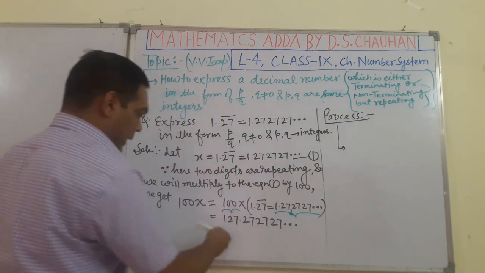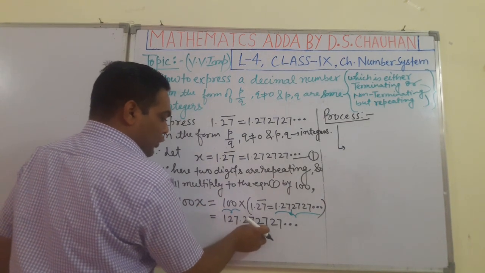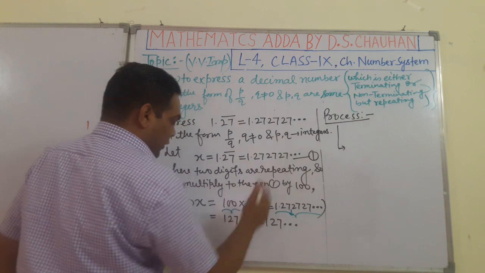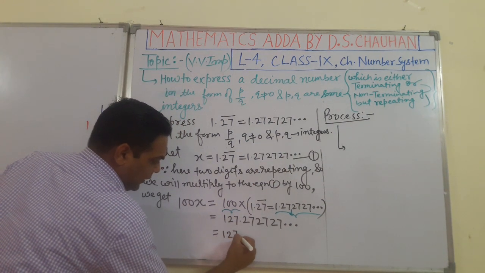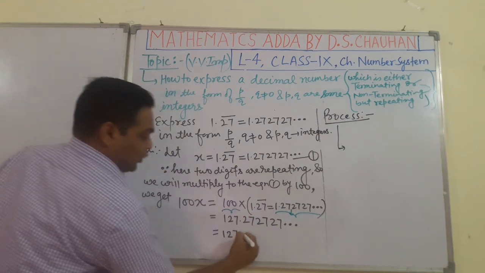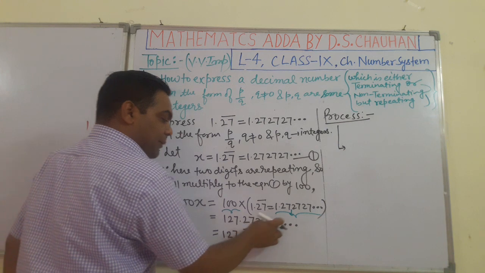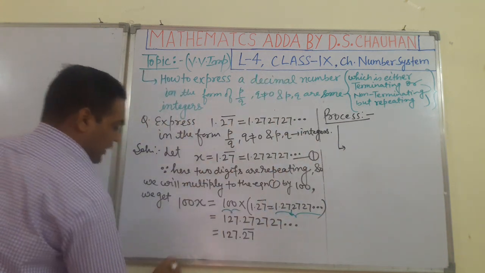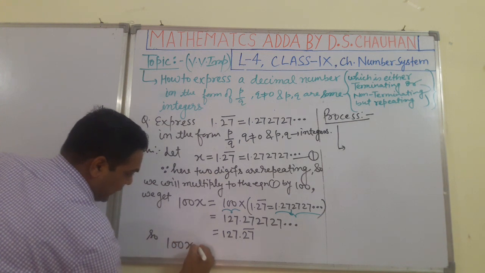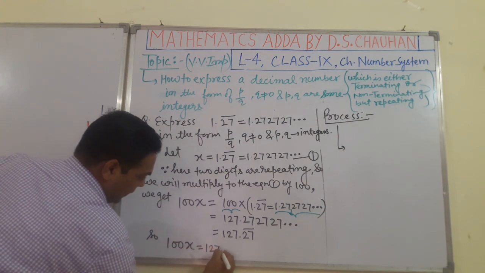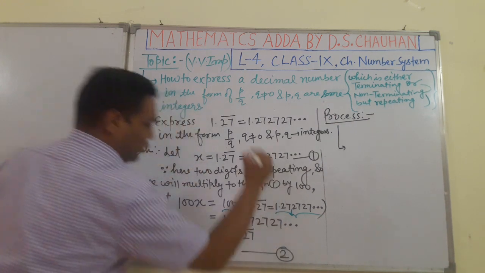So now we have 100x equal to 127.272727, which can be written as 127.27 bar, because the digits 2 and 7 are repeating. So equation 2 becomes 100x equal to 127.27 bar. Let it be equation number 2.